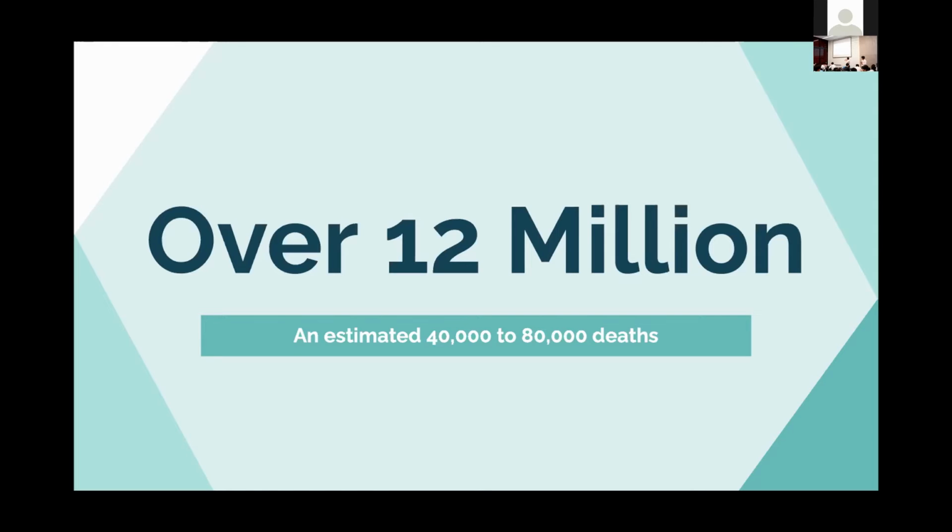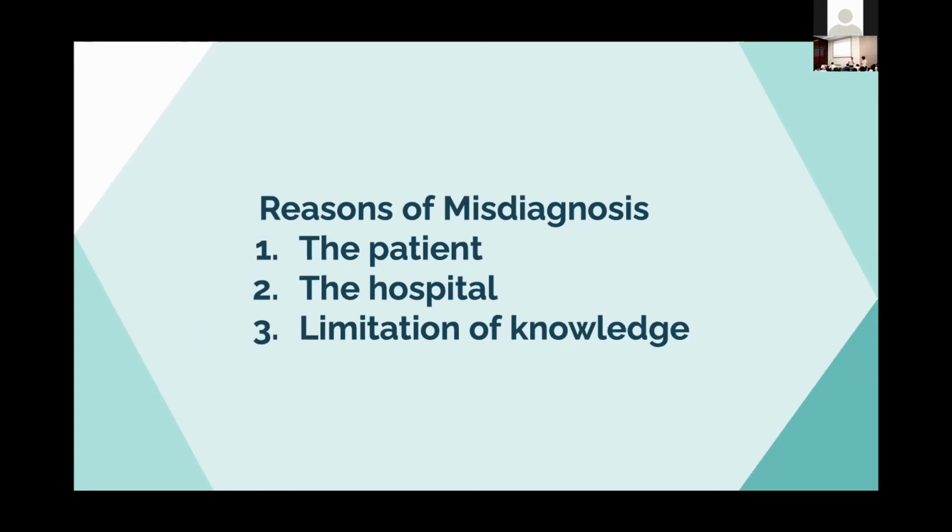And from 12 million, there is an estimated 40,000 deaths related to the misdiagnosis, and these are the reasons for misdiagnosis. The first one is from the patient, who gives some of the data to himself or herself. The second one is from the hospital, like due to lack of communication or miscommunication.